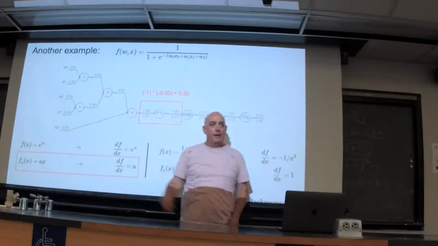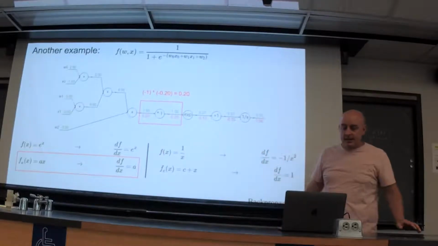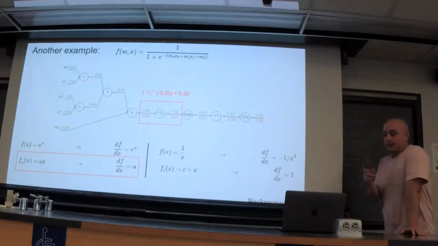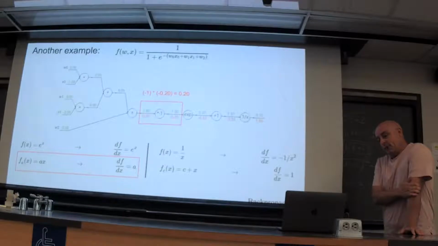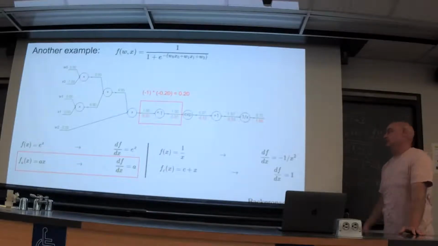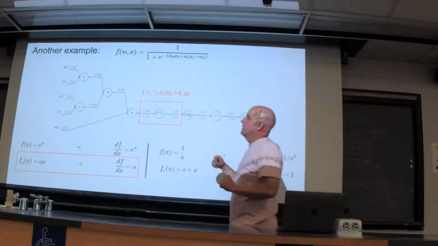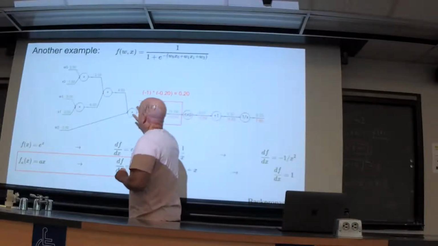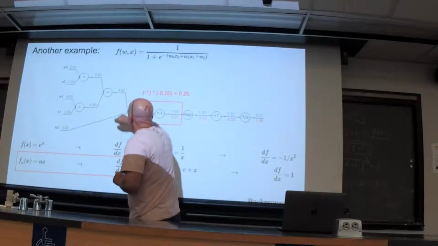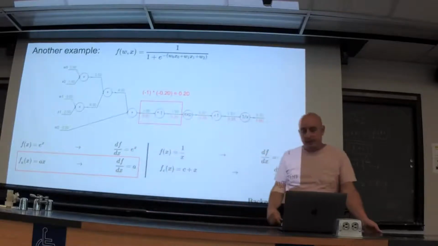We just keep working our way backwards. Again, because of the way partial derivatives work, the way all these compositional rules work, we add the gradients together in these operations.